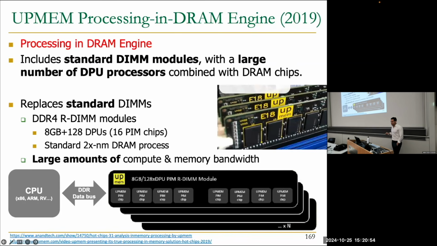So this RowHammer, as I mentioned, is a startup from France. They proposed this processing DRAM engine. It is a 2D based one, so it's not 3D stacked memory. It's just your regular DIMMs, and inside these DIMMs you have some RowHammer chips, and inside these RowHammer chips you have both DRAM banks and some simple in-order cores.